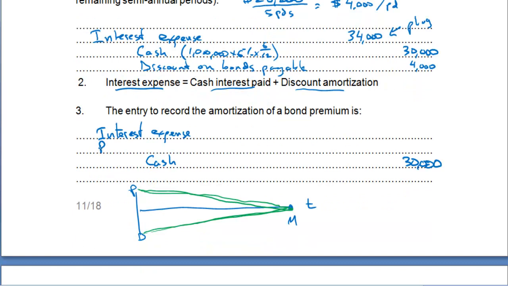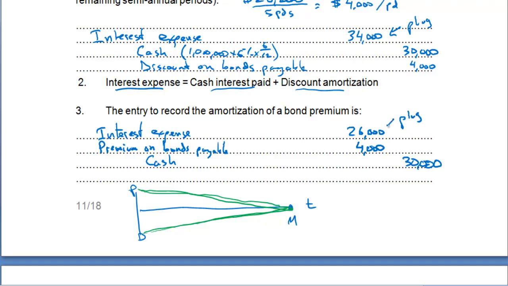So we're going to debit premium on bonds payable. And so that then, as before, $20,000, 5 periods, no difference there. That's going to be $4,000, which means that the interest expense then is plugged at $26,000.